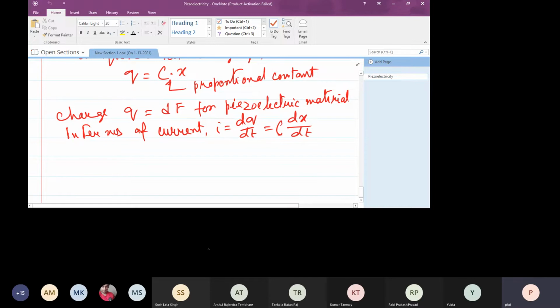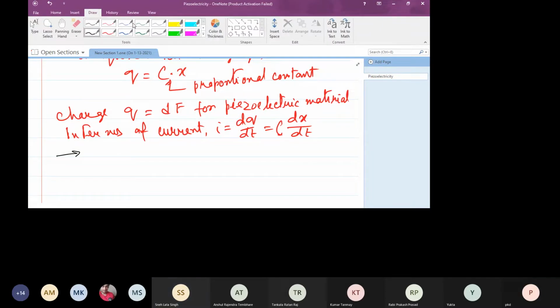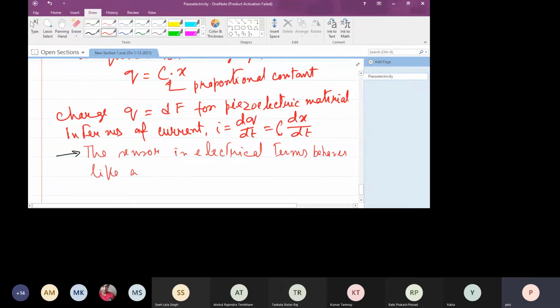So the sensor in electrical terms behaves like a capacitor, because the device is of dielectric material.